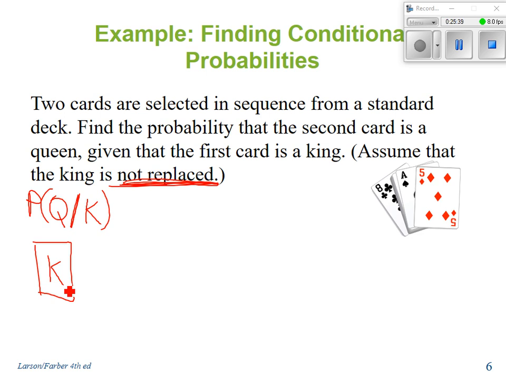Are those two events independent or dependent? Dependent, because what we've already done affects what's going to happen here. So what's the probability of getting that queen?